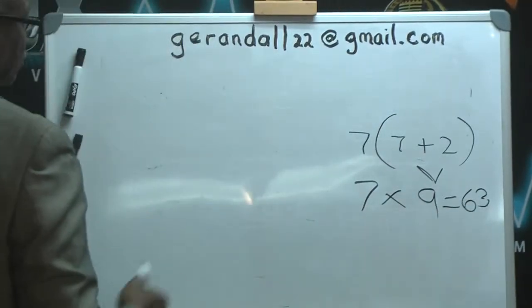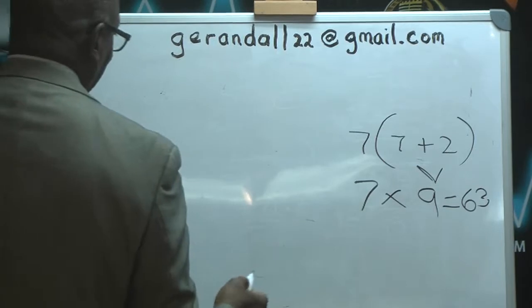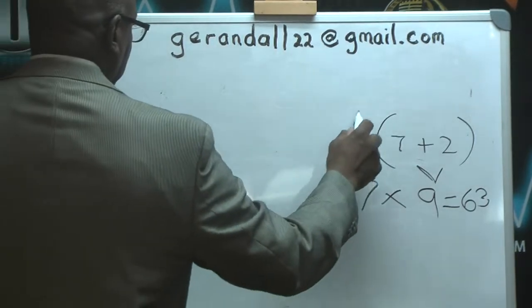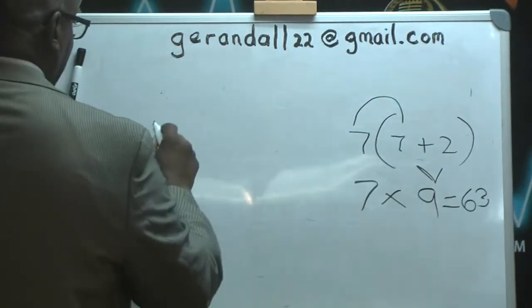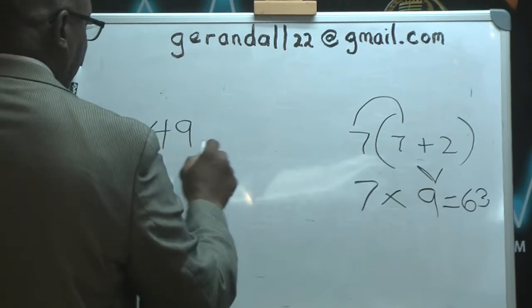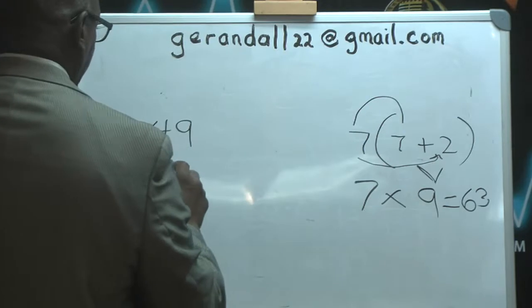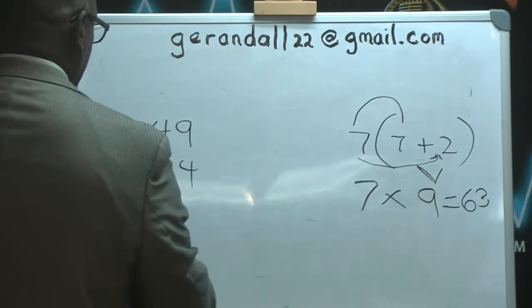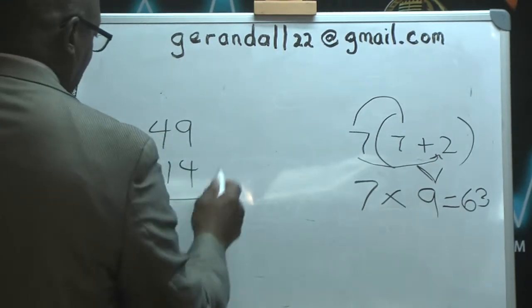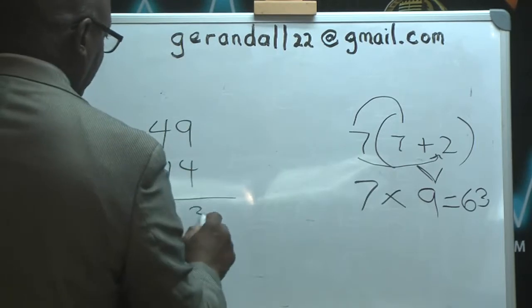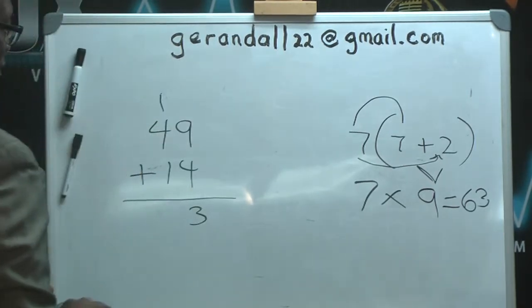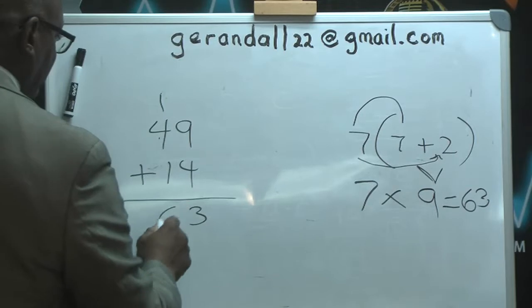Now the distributive property asks us to do this. 7 times 7, 49, and 7 times 2, 14, and add. And we have 13, carry 1, 5, 6.